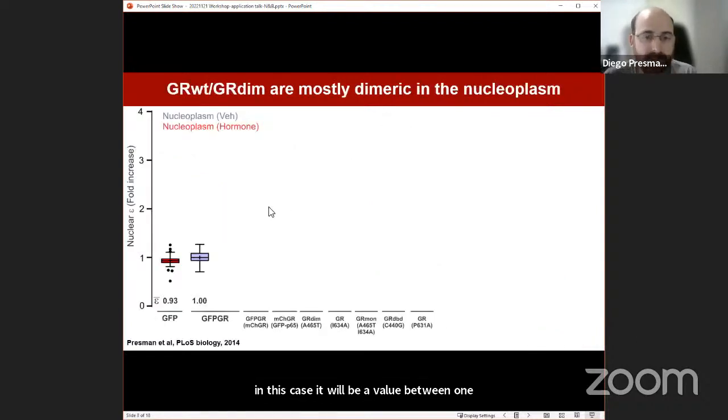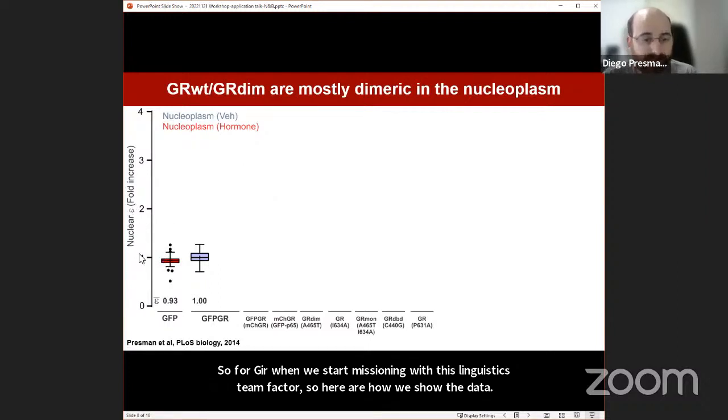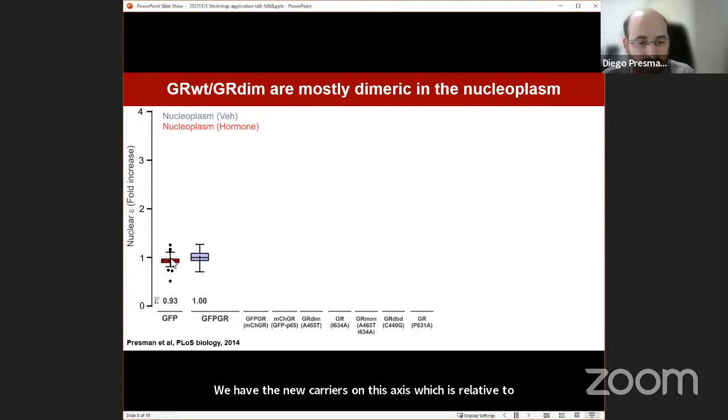So for GR, when we start measuring with these ligand-regulated transcription factors, this is how we show the data. We have the nuclear brightness on this axis, relative to 1 being GFP only, which we know is monomeric, and exactly what happens with the GFP-GR in the absence of ligand. So when the receptor is not active, it is a monomer, and that's the data that proves it.